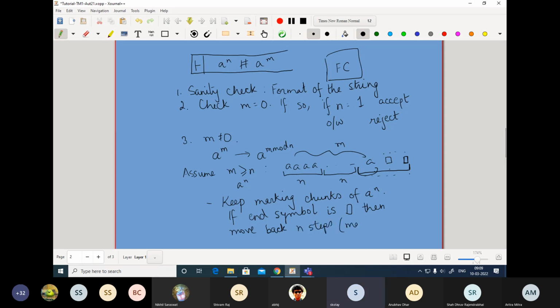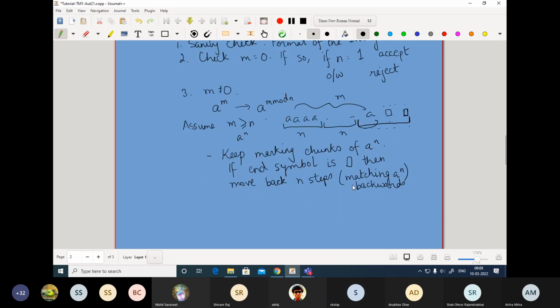You cannot count n, so you are matching a to the n again backwards. And keep marking, keep unmarking. Okay, now in your a to the n, you have everything except the last m mod n elements unmarked.